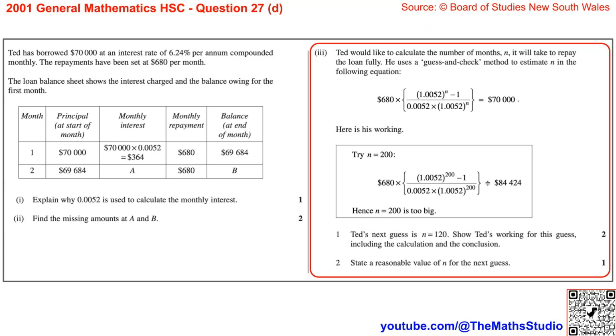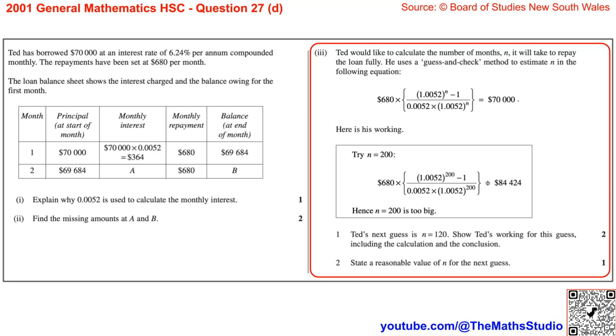Here is his working. Try N equals 200. $680 times 1.0052 to the power of 200 minus 1, all over 0.0052 times 1.0052 to the power of 200, is approximately equal to $84,424. Hence, N equals 200 is too big.